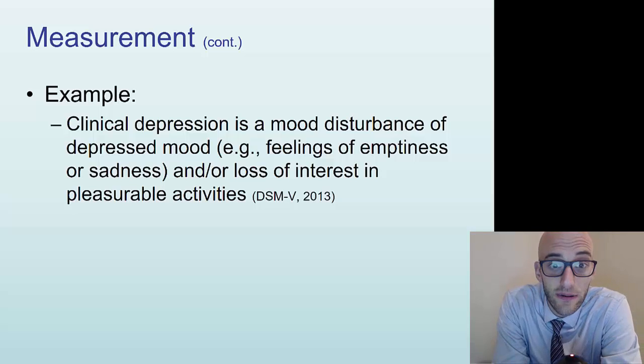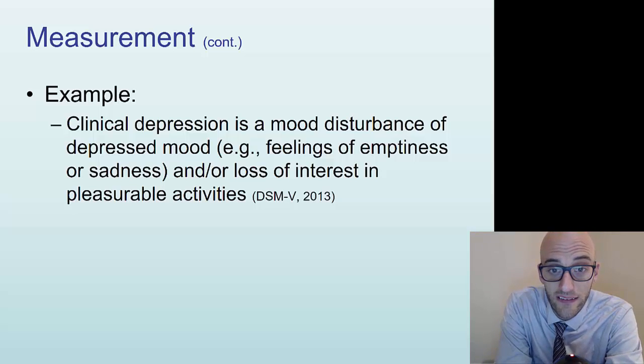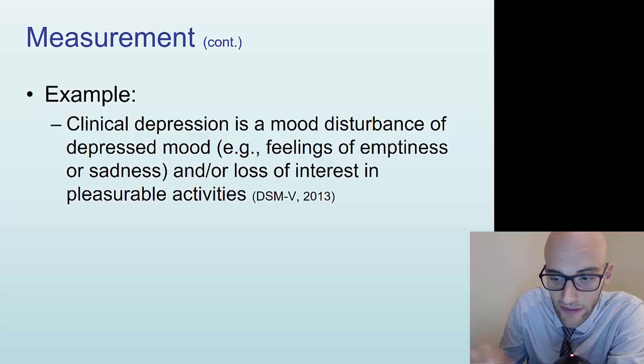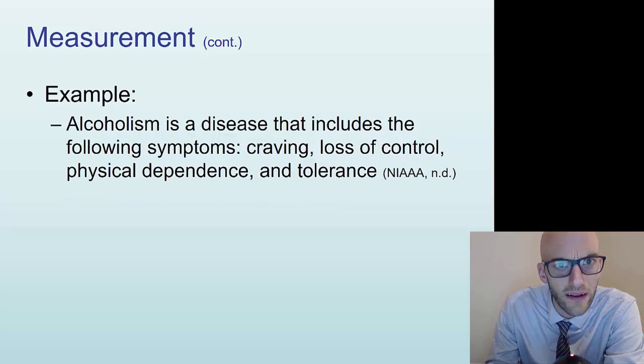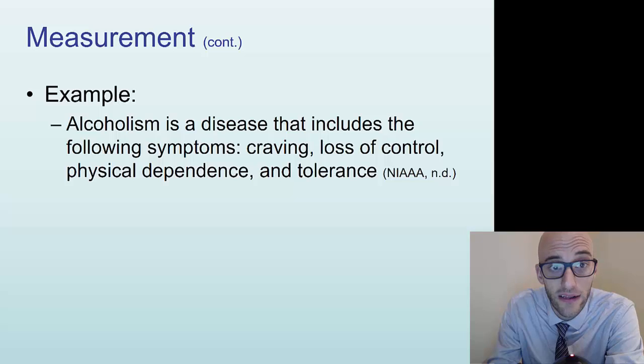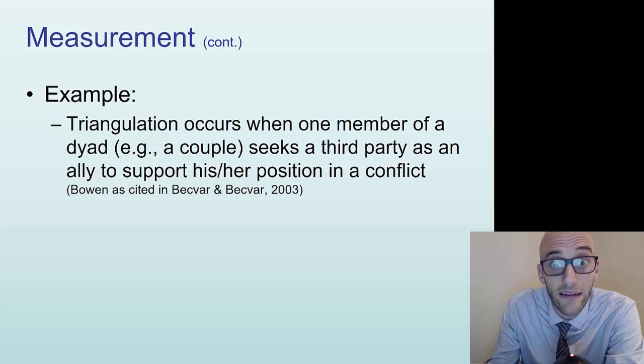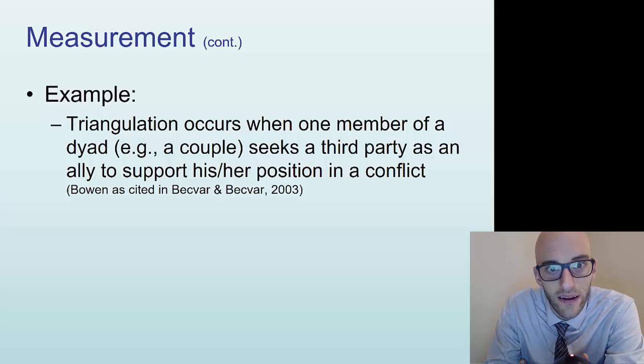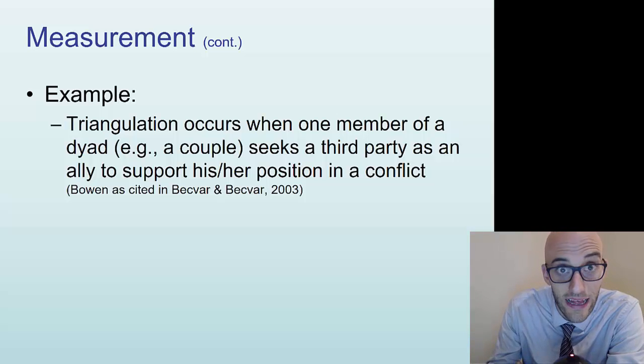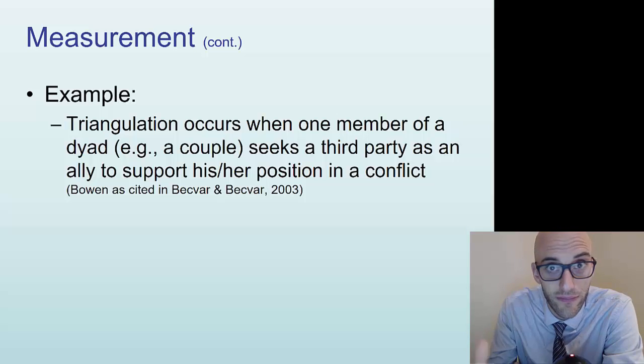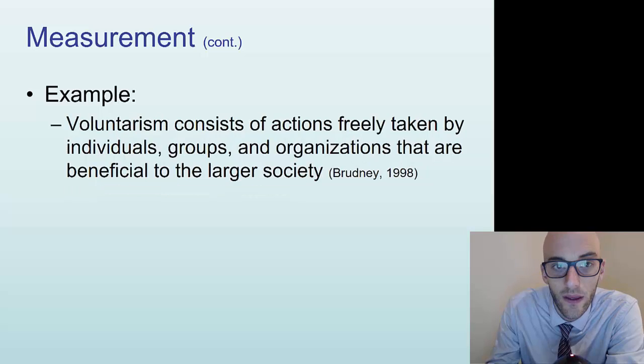Clinical depression is a mood disturbance of depressed mood, feelings of emptiness, sadness, or loss of interest in pleasurable activities. Another conceptual definition: alcoholism is a disease that includes the following: cravings, loss of control, physical dependence, and tolerance. Another good conceptual definition: triangulation can occur when one member of a dyad seeks a third member to support them as an ally. That's a good conceptual definition of something that might be more difficult to put language to.